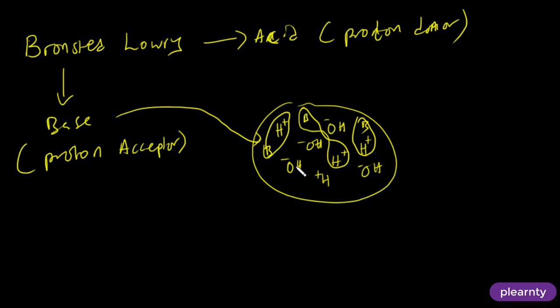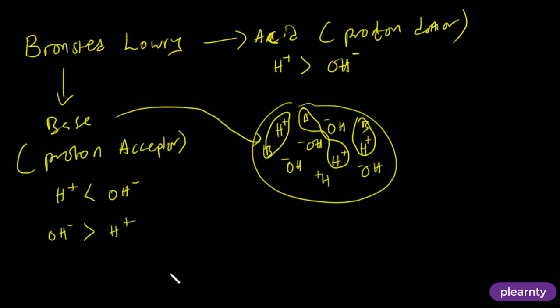So following the Bronsted Lowry definition, we could still agree that when acids are added, we are going to have more protons in the solution compared to hydroxide ions, and when bases are added, we are going to have fewer protons in the solution compared to hydroxide ions, or we say more hydroxide ions compared to protons.